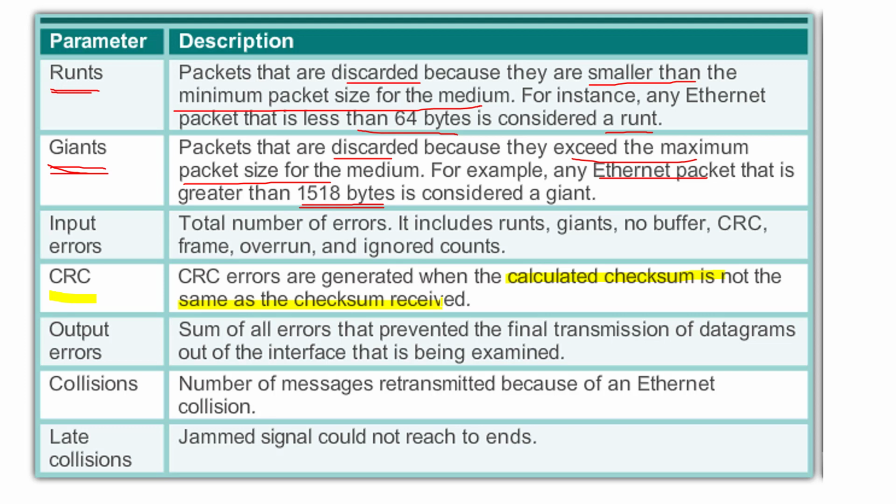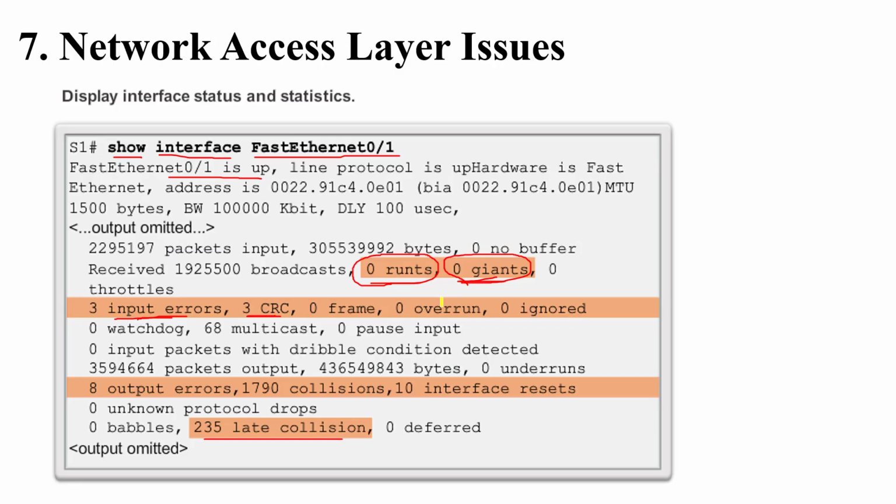If these two CRCs do not match, this frame has an error. If there is any CRC error, your switch will automatically discard and drop that particular frame. Now look at the previous slide. In the previous slide, there are three different frames which have the CRC problem.